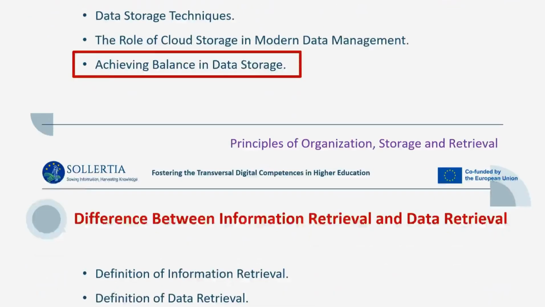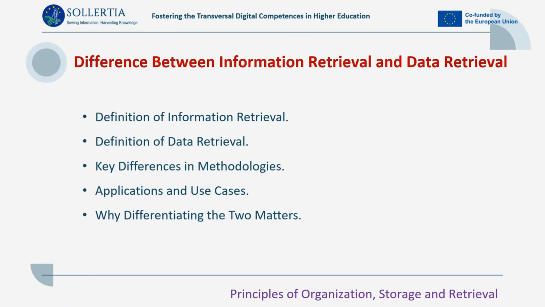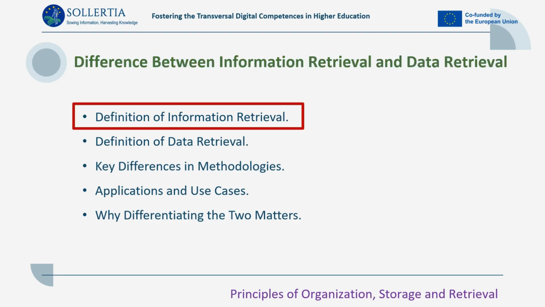Finally, let's distinguish between information retrieval and data retrieval, two critical but often confused concepts. Information retrieval involves finding relevant information from a large collection, such as documents or libraries, in response to a specific query.